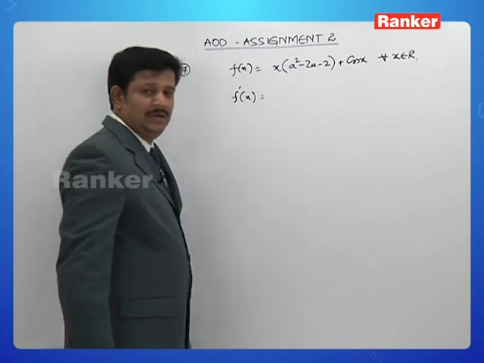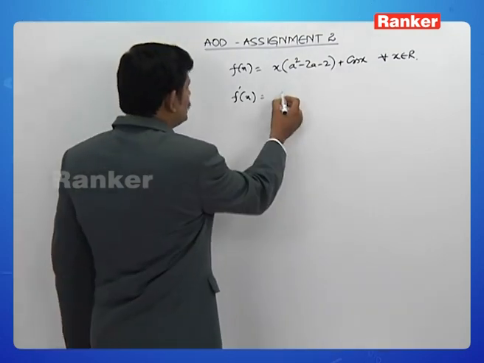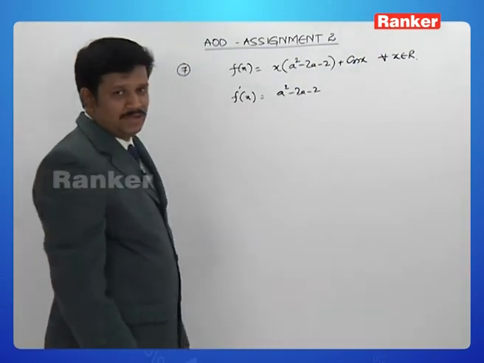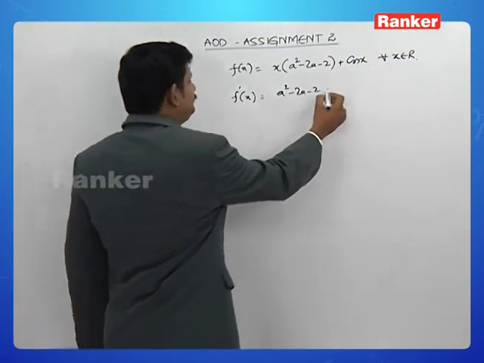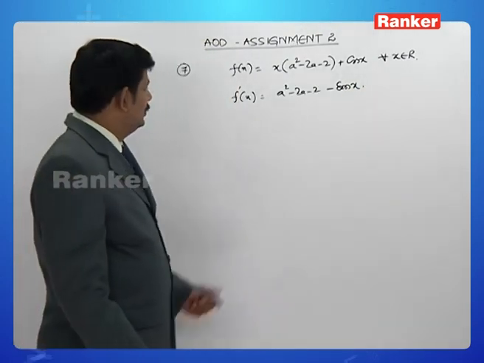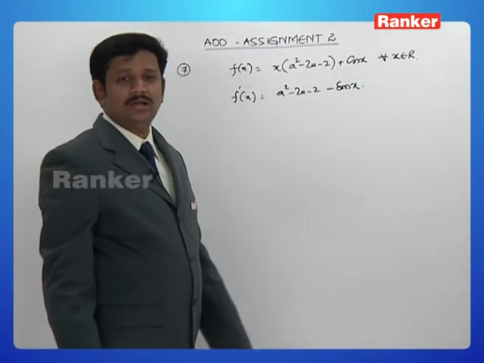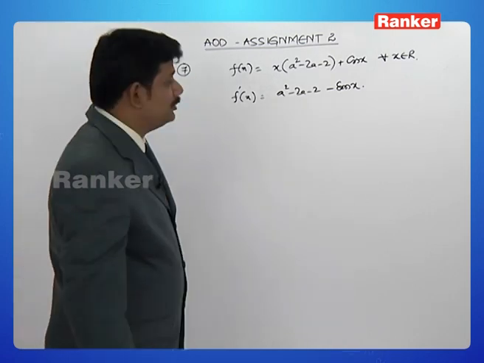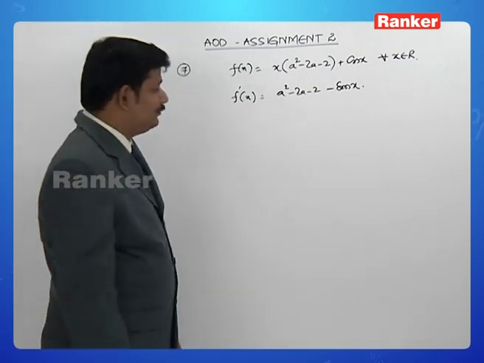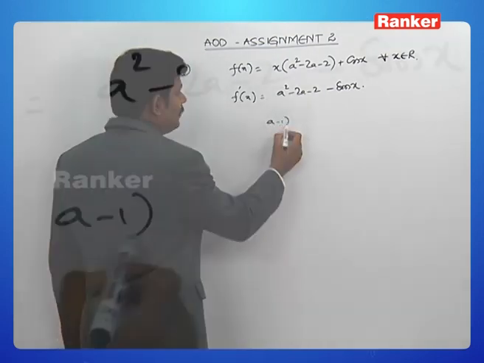So, let us look at f dash of x. It is derivative of x is 1, a square minus 2a minus 2. Derivative of cos x is minus sin x. Now, this expression should be greater than or equal to 0 or less than or equal to 0 for all x belonging to R. A square minus 2a makes us recollect the formula of a minus 1 whole square.